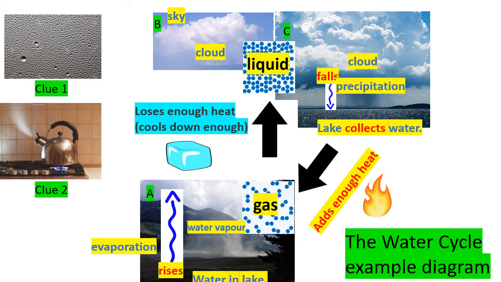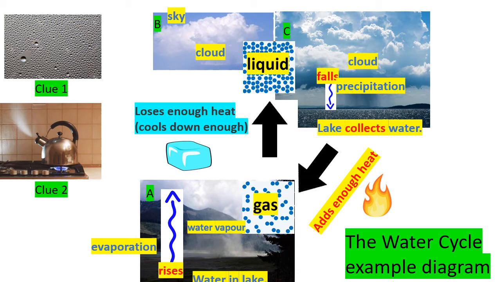So we see in the sky, there's cold air, so a cloud is formed when condensation happens, right? And we should see the word condensation next to liquid.